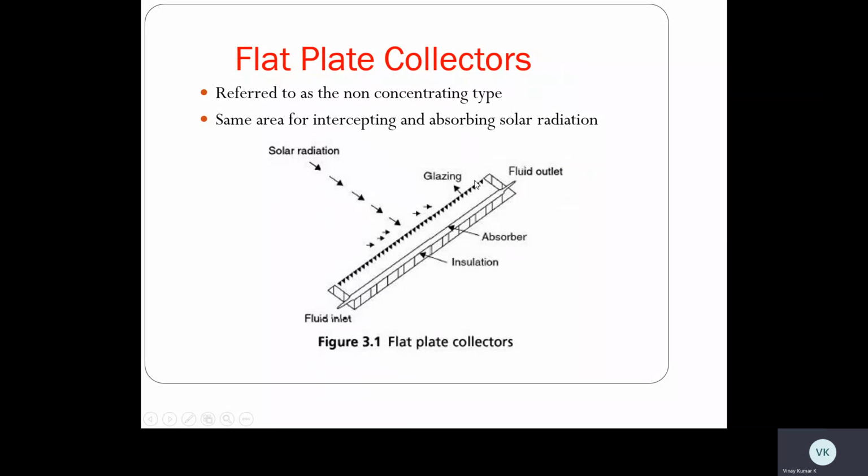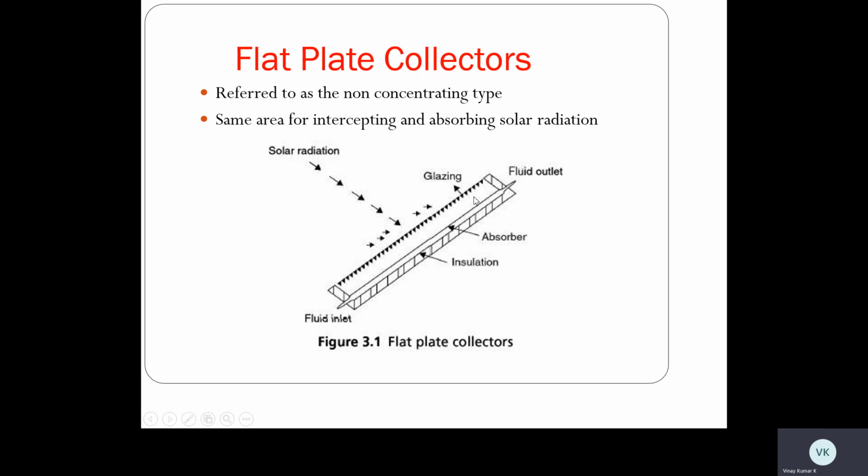What is meant by glazing, we will discuss in the next slides. For the time being, just observe that there is an inlet for fluid, an outlet for fluid, a glazing, and an absorber for absorbing the solar radiation.